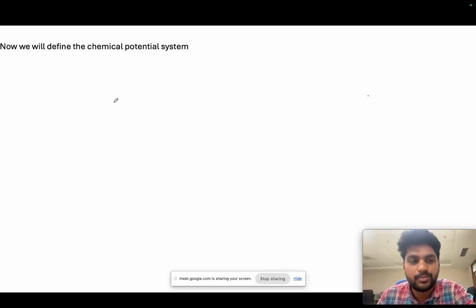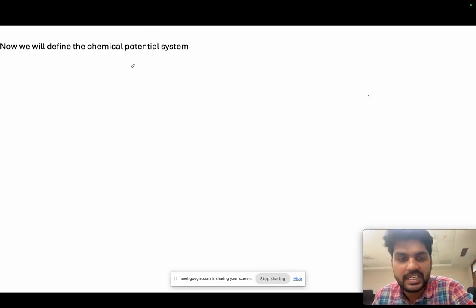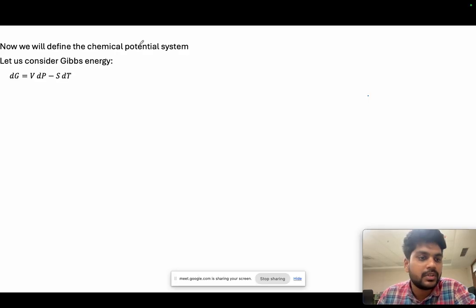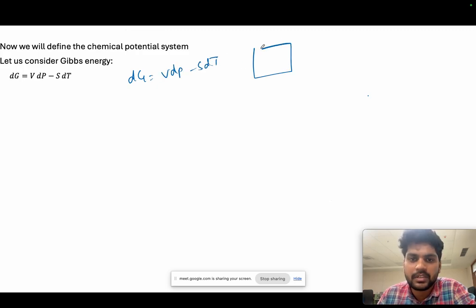Now we will define the chemical potential system, which I saw in the third class. Now we will come more into systems. Let us consider the Gibbs energy, dG equal to VdP minus SdT. This is correct, right? So dG equals minus SdT plus VdP.